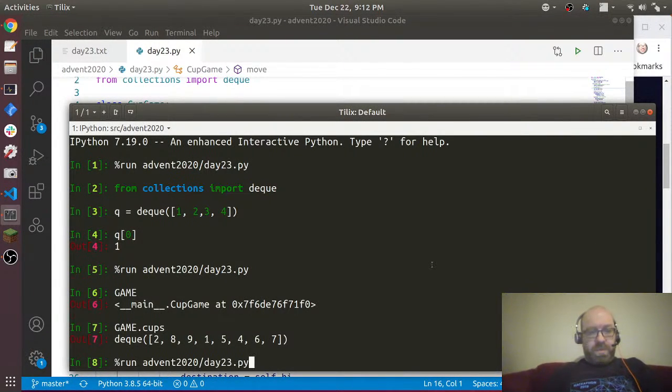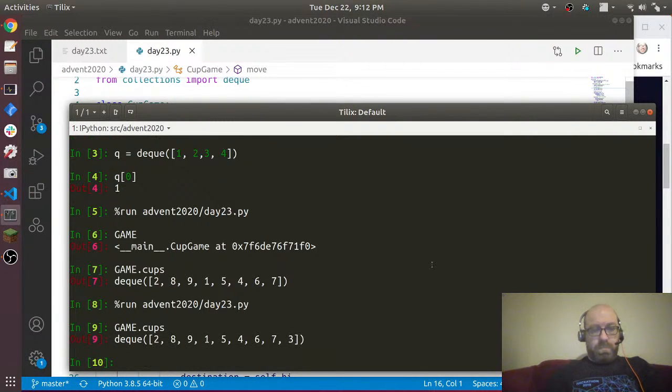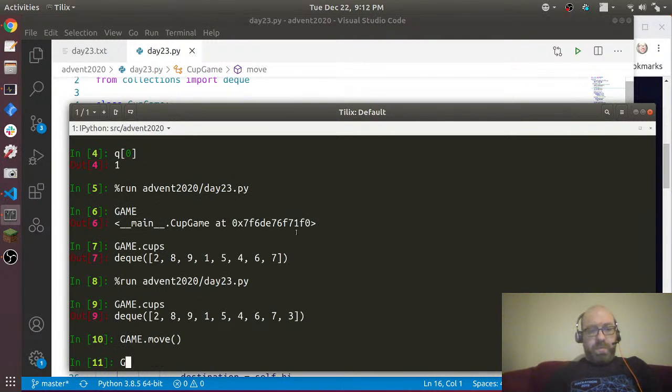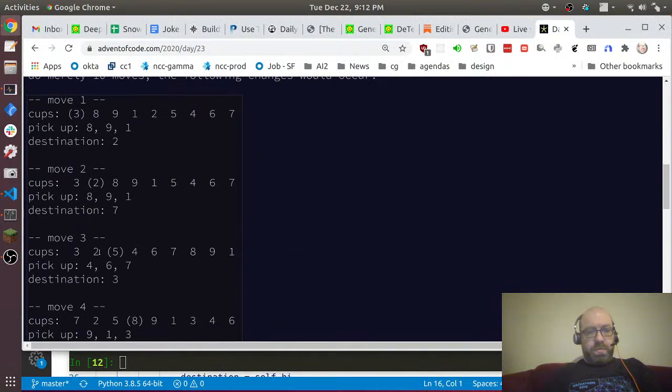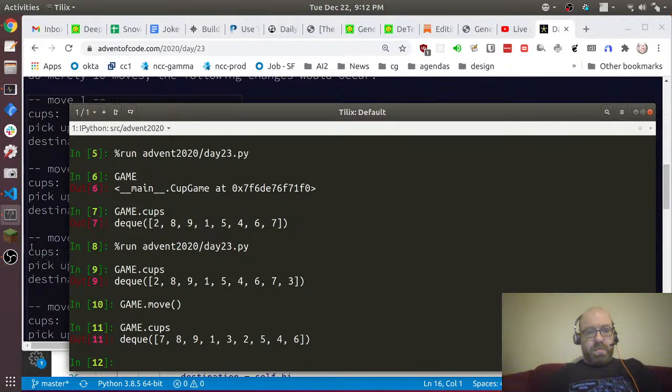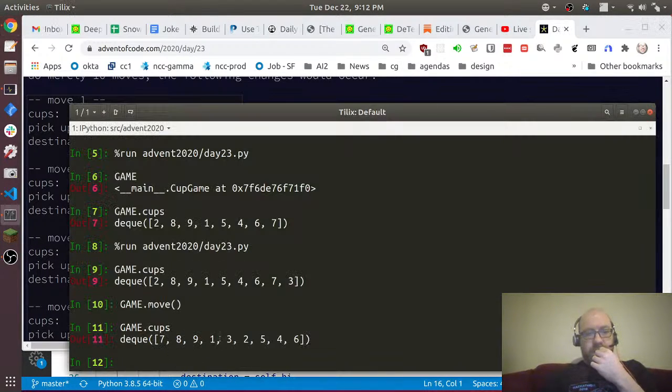So let me try this again. And now let's do game.move and game.cups, and now it's 789132546, with 5 being the current one, but 5 is not the current one.